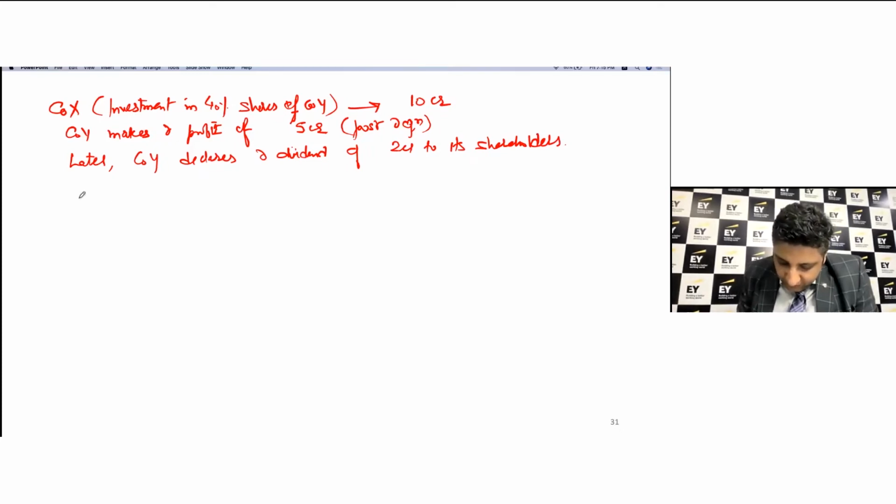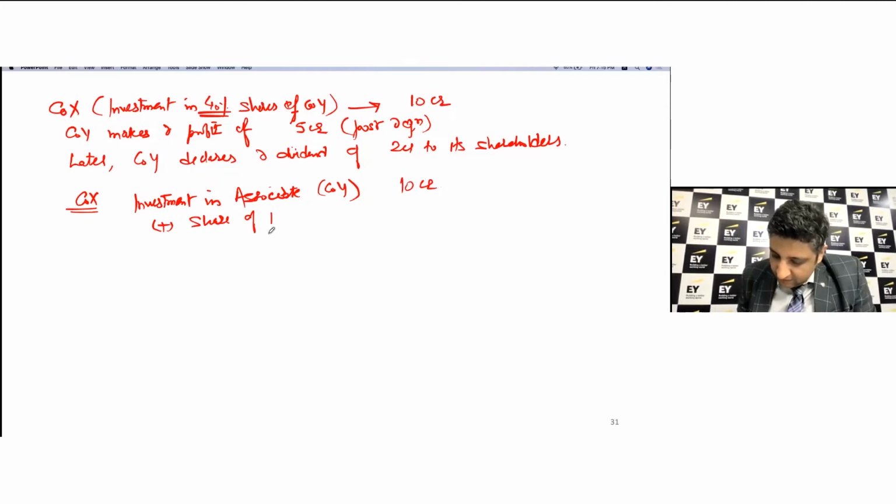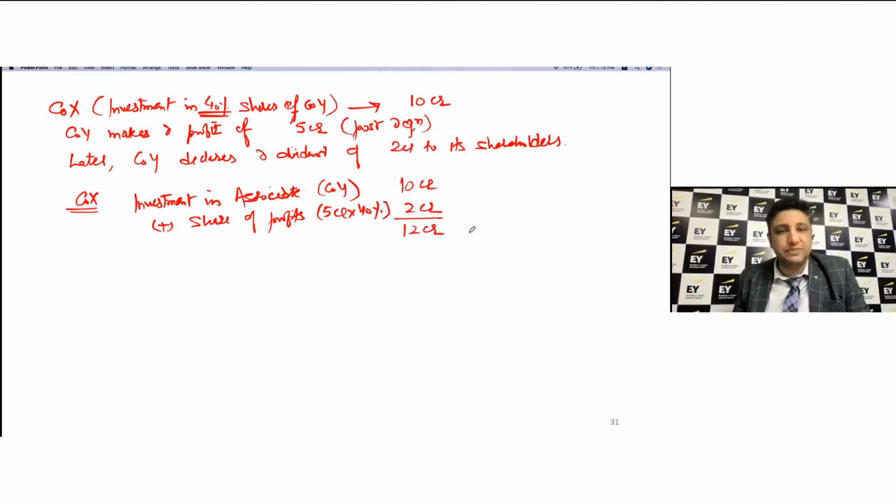In the books of company X, we will say that yes, there is an investment in associate, which is company Y, because you have 40% shares, you presume to have significant influence. The investment is 10 crores plus the share of profits, which is 5 crore into 40%, that makes it 2 crores. Now the overall value of investment is 12 crores, purely accrual basis. So this is what you got.